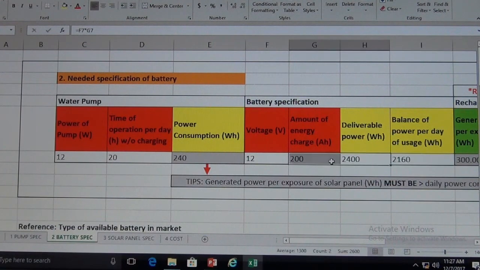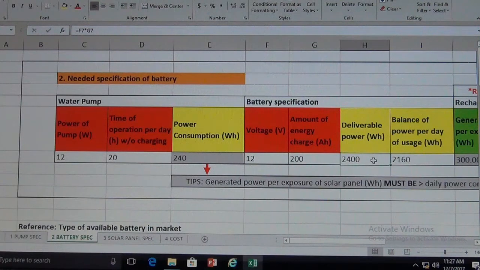So why do we need this enormous amount of energy? We only need 240. We can deliver 2,400. Why do we need such a battery? Because during rainy days, we cannot charge our battery using the solar cell. So we must have a contingency plan.